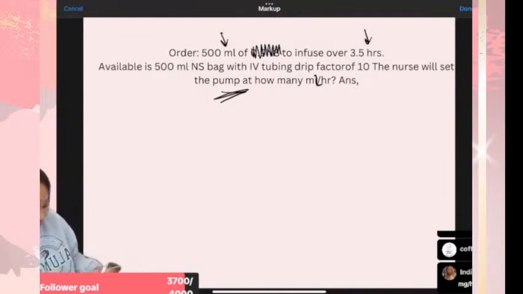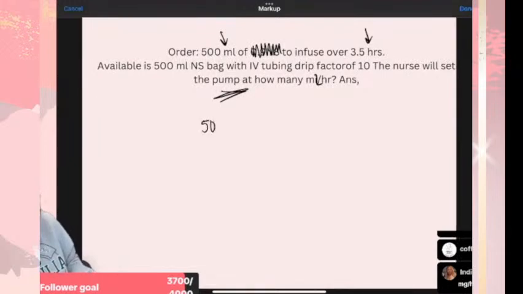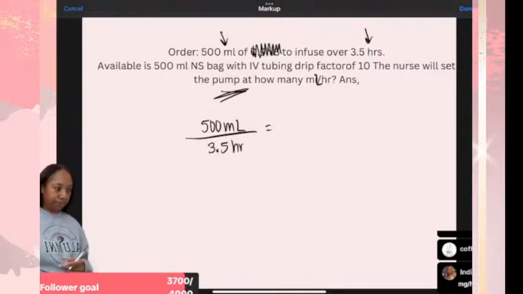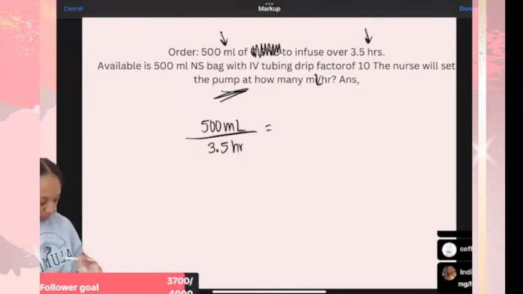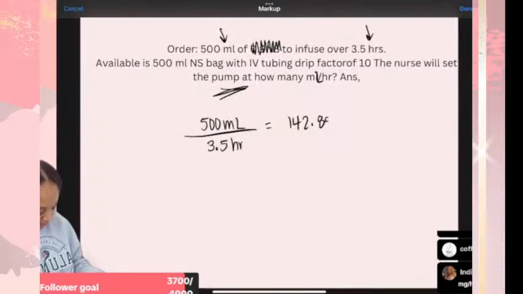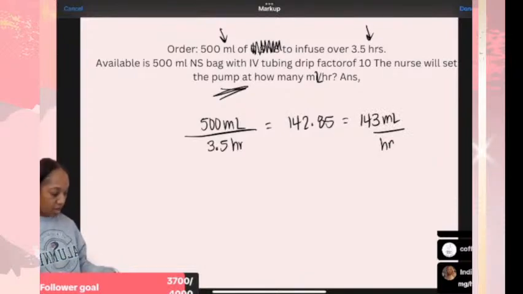So you would simply put 500 milliliters over 3.5 hours and divide. You don't have to cross nothing out. You don't have to put any conversion factors. None of that. So 500 divided by 3.5 is 142.85. So that's going to be 143 milliliters per hour.